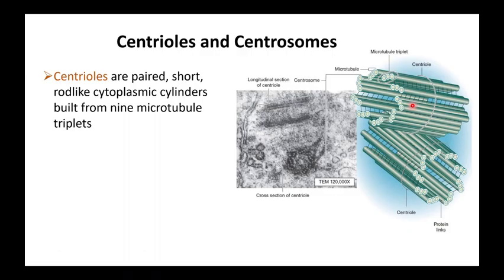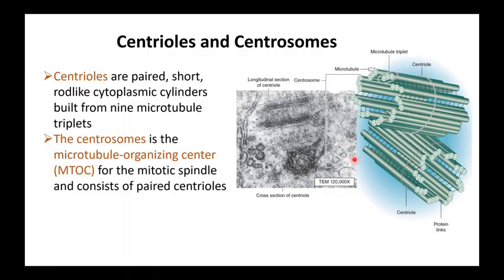You understand that? Okay. So centrioles are paired, short, rod-like cytoplasmic cylinders made up from microtubules. Okay, 9 microtubular structure. Now, centrosome is the collection of these centrioles, okay, where the microtubules are being organized.